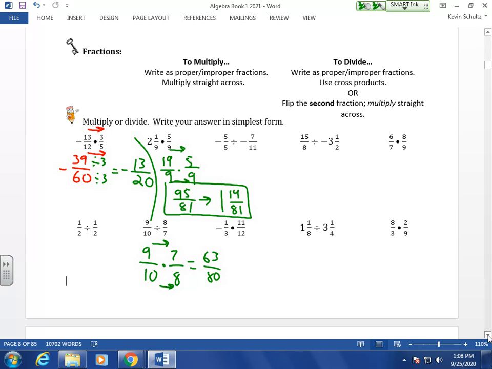Write the proper and improper fractions and use cross multiplication. Yes, cross products, right? You keep the expression written the way it is, 9/10 divided by 8/7, and instead of flipping the second fraction and multiplying straight across, you just know, oh, okay, I'm going to use cross products. I'm going to multiply the numerator of one by the denominator of the other.